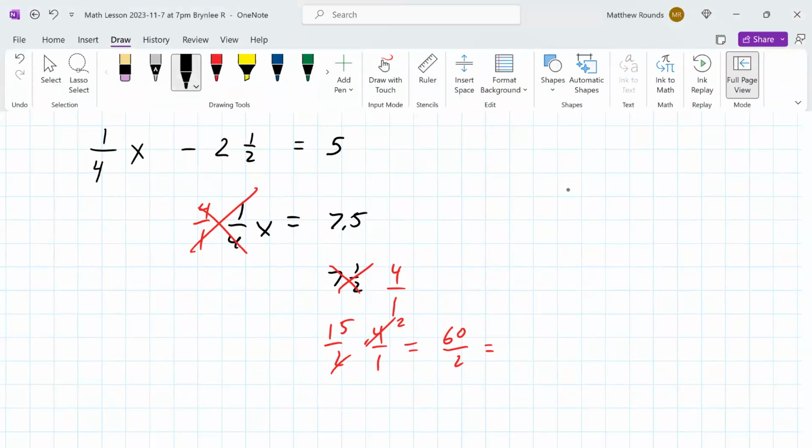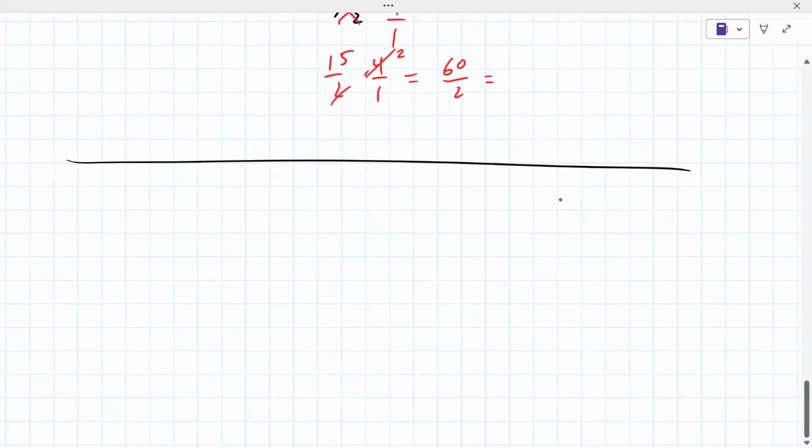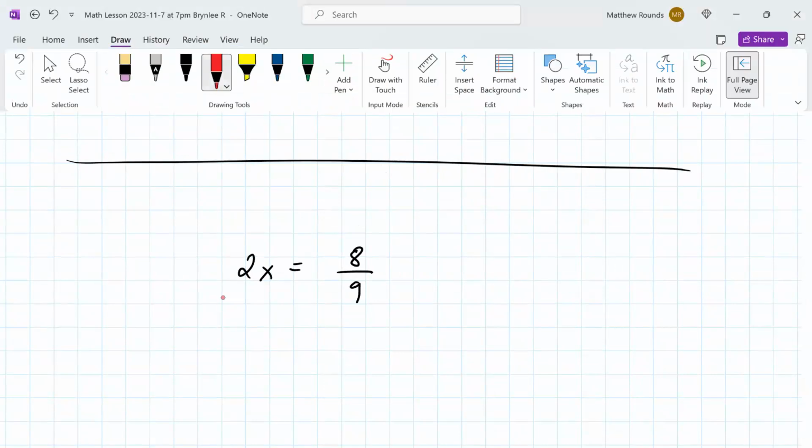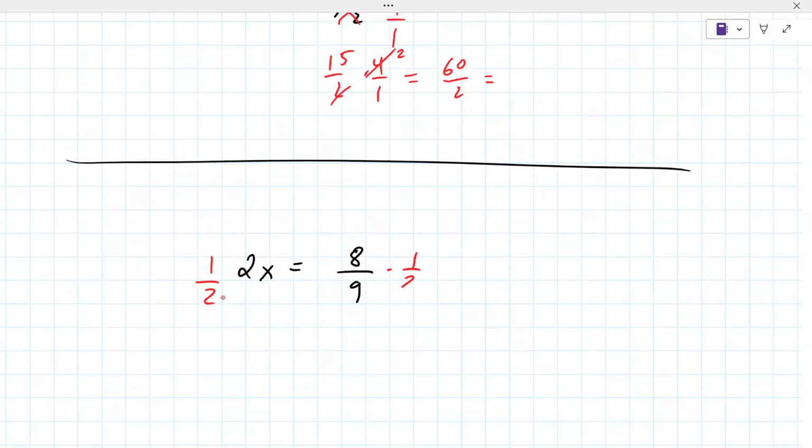Let's look at some one-step equations really quickly. Let's say it's 2x equals 8/9. When you multiply the left side by 1/2 and the right side by 1/2, on the left side it becomes just the x. But on the right, you do have to reduce, cancel fractions.